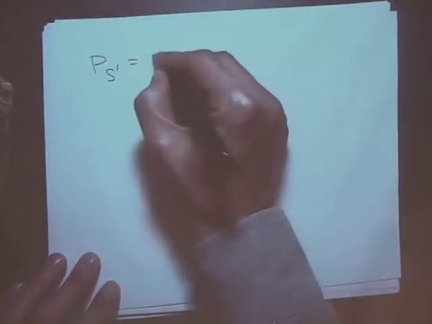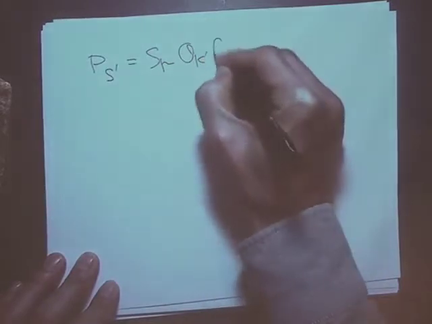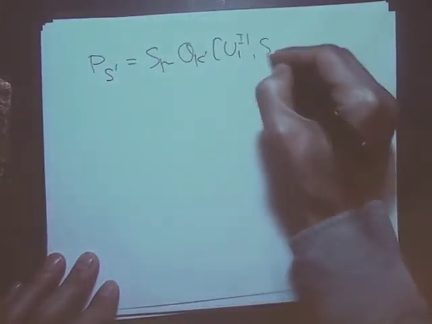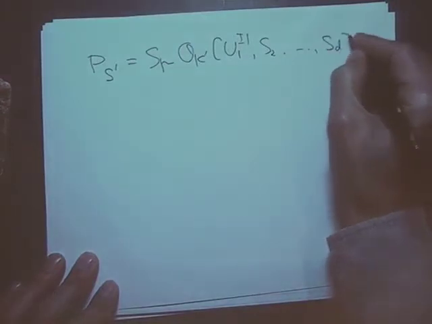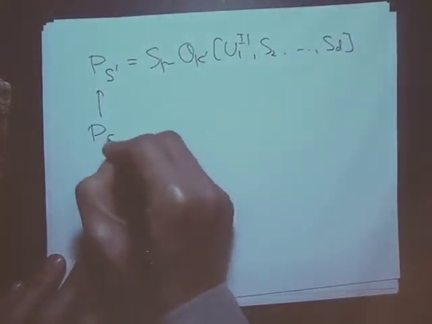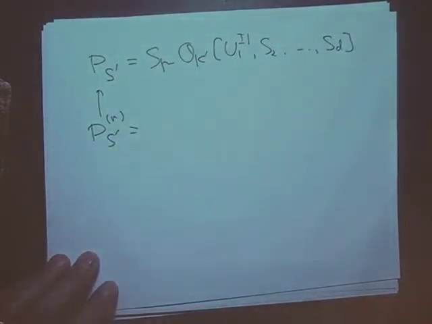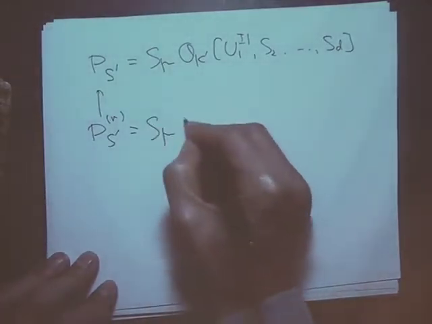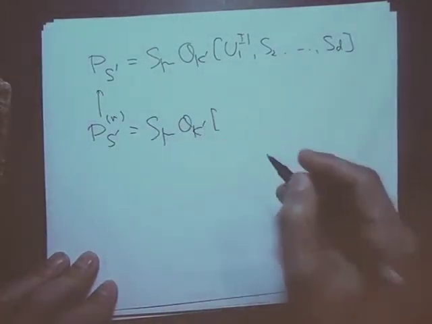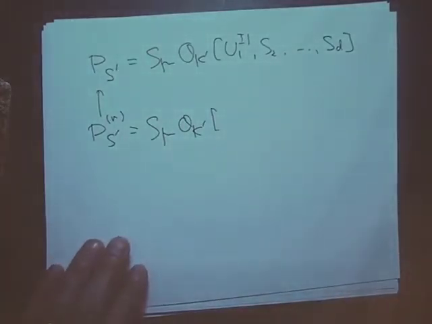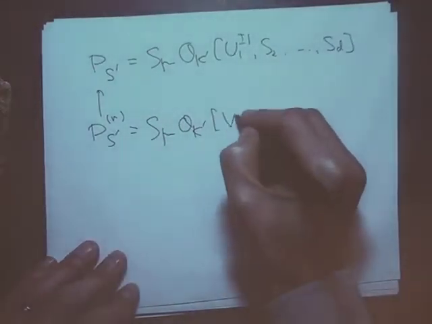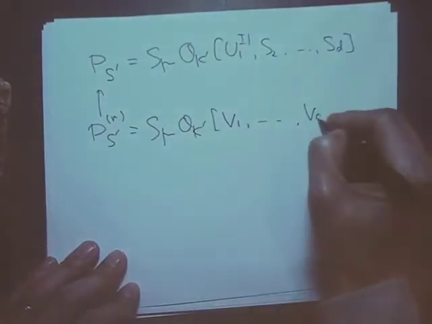Okay, so now I describe. I make this base change. To have base change, you just put the prime here. So P_S prime is Spec of O_K prime, U1 plus minus 1, S2, and so on. Now I make the second blow up. So this guy is Spec of O_K prime, V1 to VD.